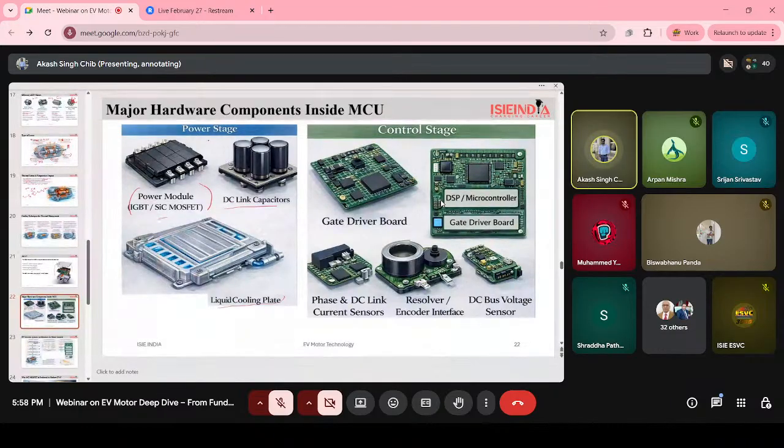In the controller stage we have the gate driver board, phase and DC link current sensors, resolver, encoder, and DC bus voltage. Now let's first discuss the power module part. This is the main switching.